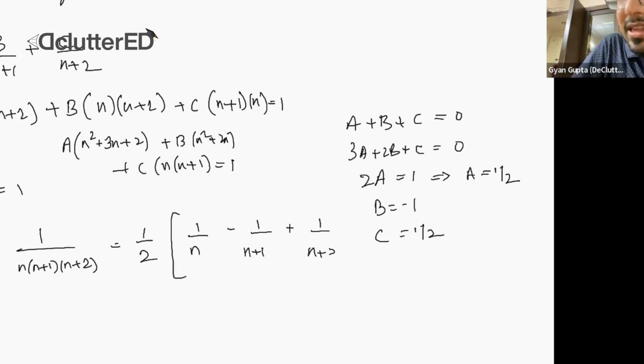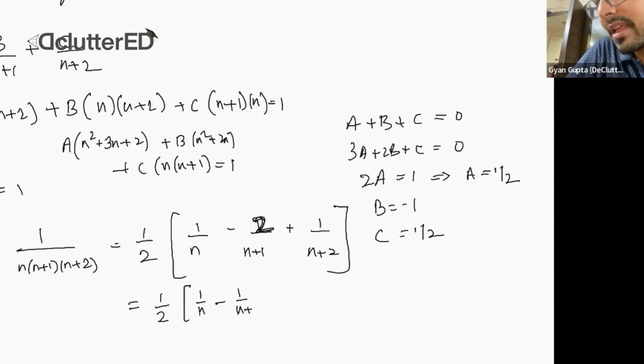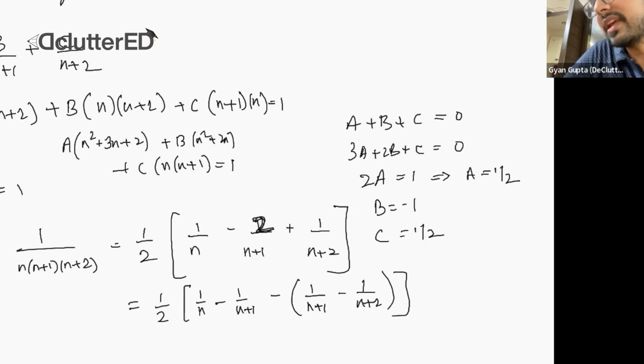Which I can again write as 1 by n minus 1 by n plus 1 minus 1 by n plus 1 minus 1 by n plus 2. I have just split 2 by n plus 1 as 1 by n plus 1 and 1 by n plus 1, and clubbed one of them with n plus 2. All right.